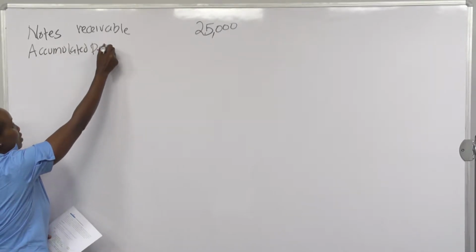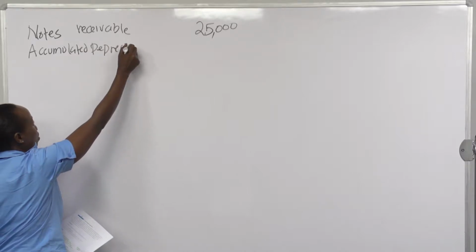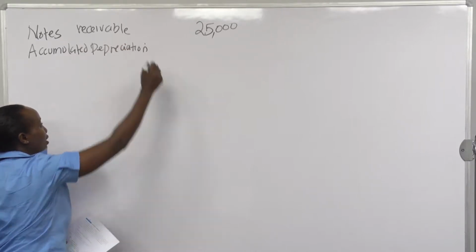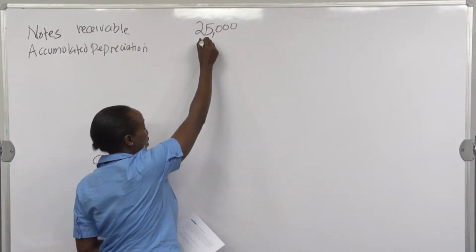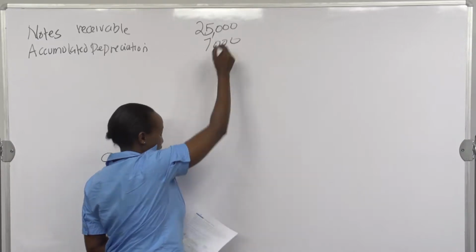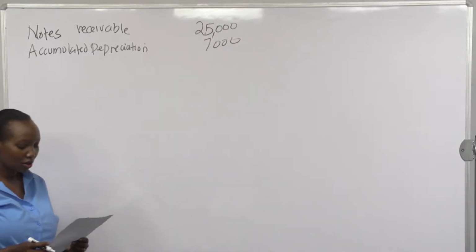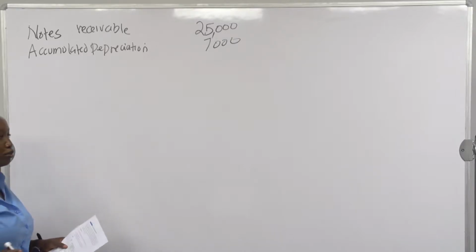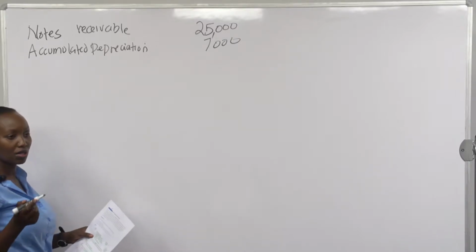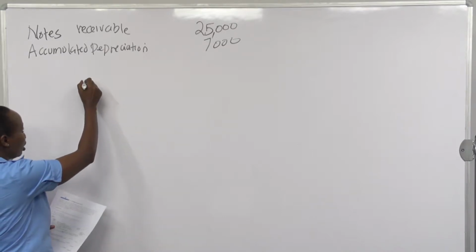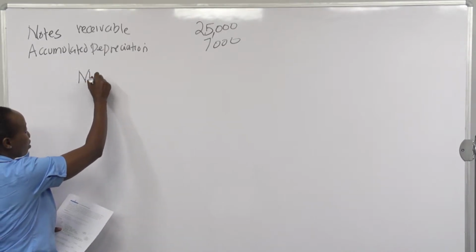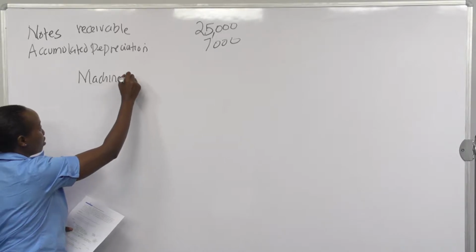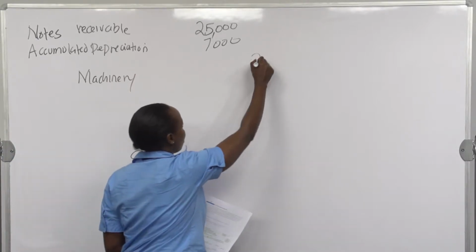The accumulated depreciation is the 22,000 minus 15,000, so we have 7,000 of that. Additionally, we are removing the machinery from our books, which was at cost $22,000.